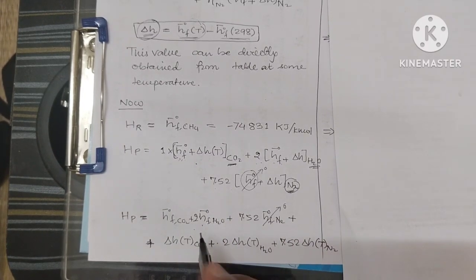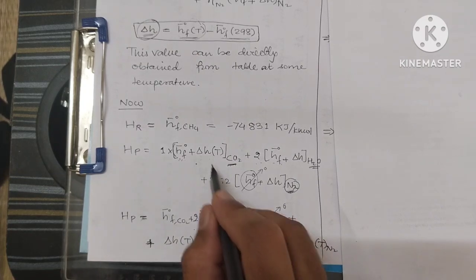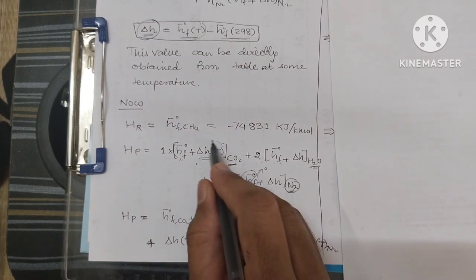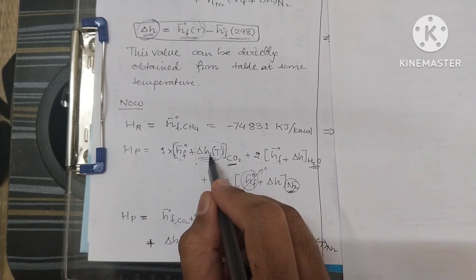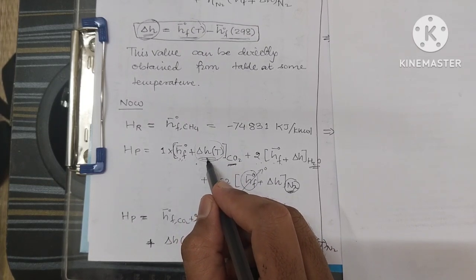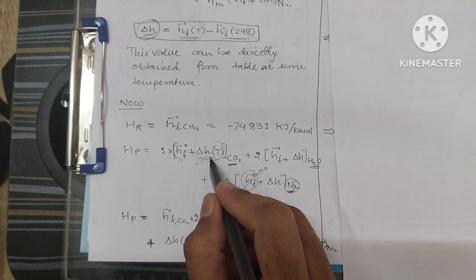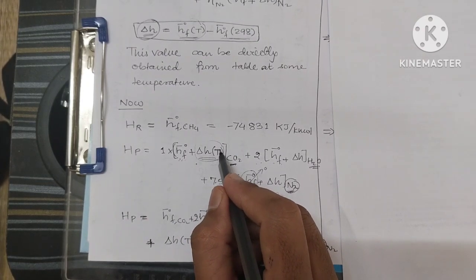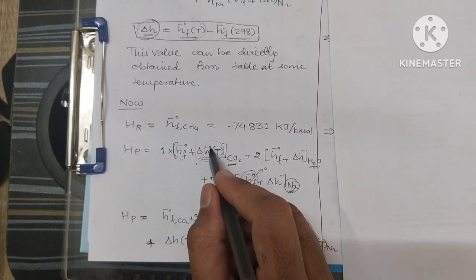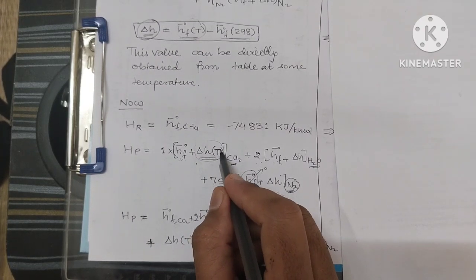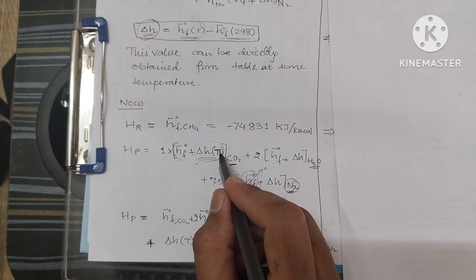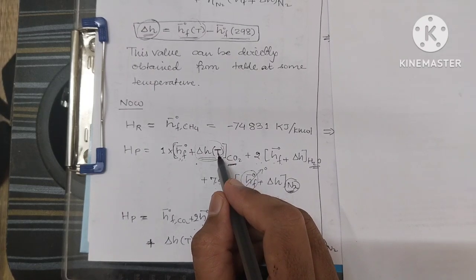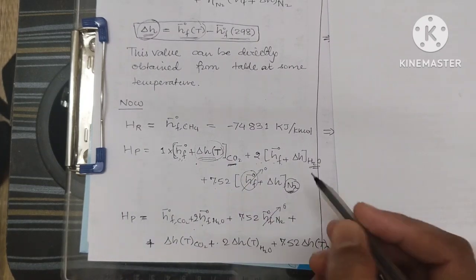What are the other terms? The other terms are this term and this term. This enthalpy difference is due to the combustion taking place, and it is not known exactly, because this enthalpy change will vary according to the temperature achieved in the adiabatic condition, that is the adiabatic flame temperature.